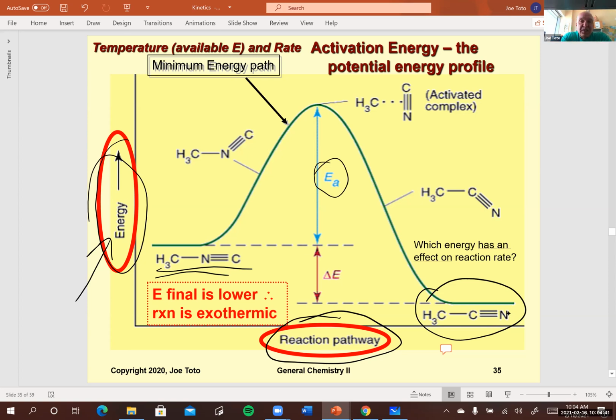The geometry of the reacting species is called the activated complex or the transition state geometry. And it's where there's a simultaneous breaking of reactant bonds and a formation of product bonds. So that activated complex has bonds breaking and forming at the same time, and that would give me the minimum amount of energy that's required for that reaction.